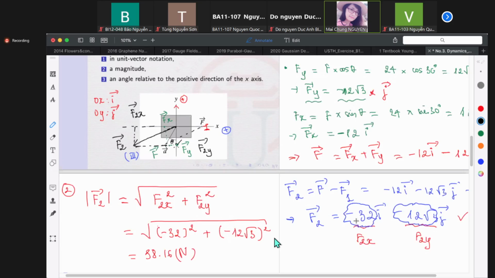So that's why we have the two negatives here. Is that okay? So now we need to show the relative angle. If we assume the relative angle with the notation phi, phi is the angle that F2 makes with the horizontal Ox, right? So now could you show the value of phi?